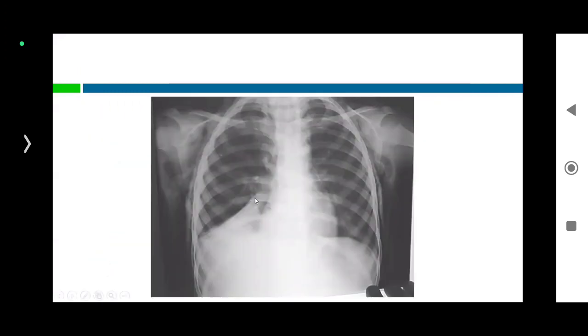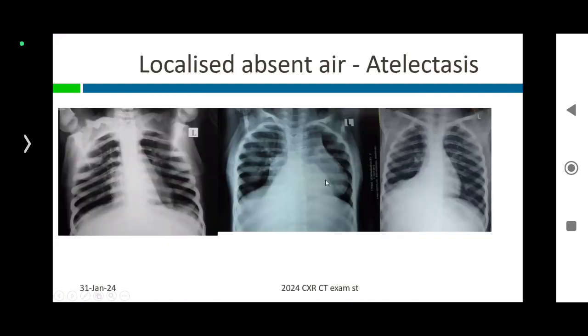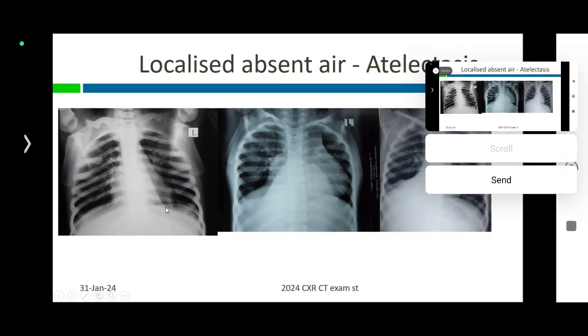You're able to see a collapsed lower lobe. You're able to see a straight line. You're able to see both lower lobes collapsed. You're able to see a straight line or something like a concave line. So this is how an atelectasis, an airless lung, looks.